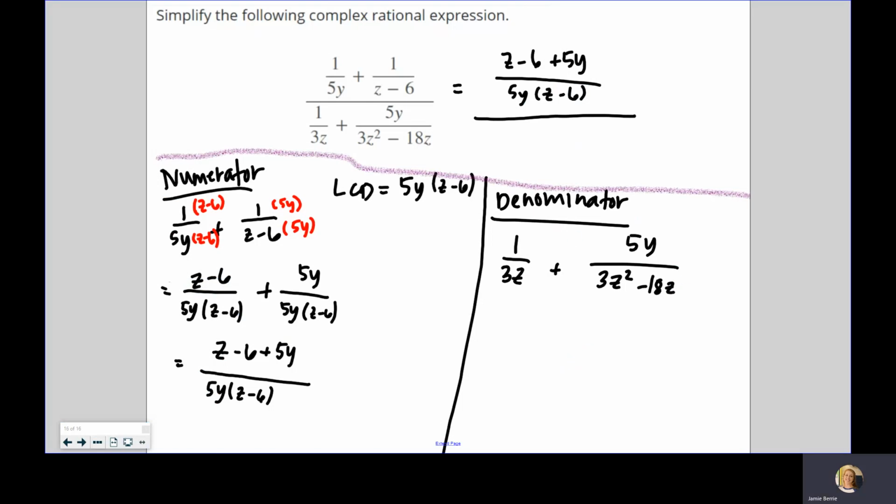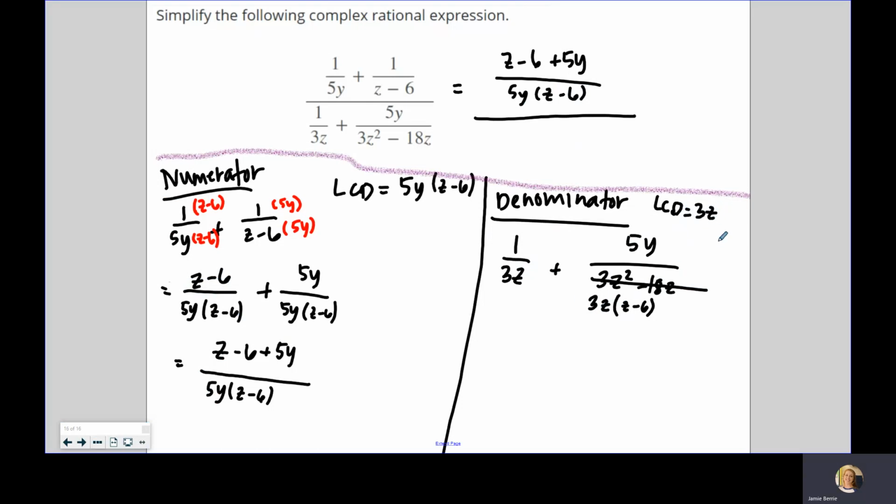We're going to combine these, but to do that, again, we need an LCD, a least common denominator. In order to find it, both of the little denominators here need to be factored. So go ahead and factor this one. You could pull out a 3z, and you'd be left with z minus 6. Now we can easily see both of them have a 3z, so that's part of the LCD.